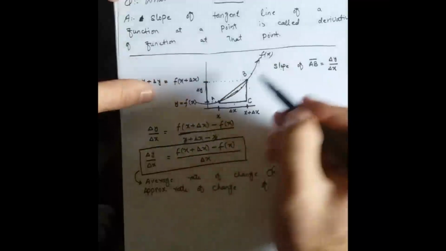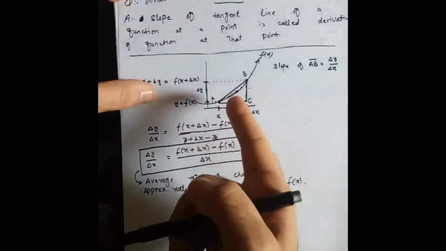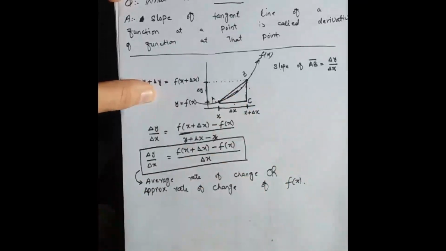Therefore this is called average rate of change or approximate rate of change.